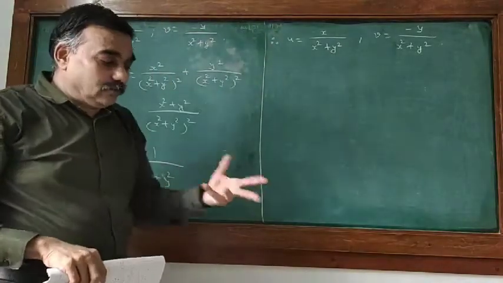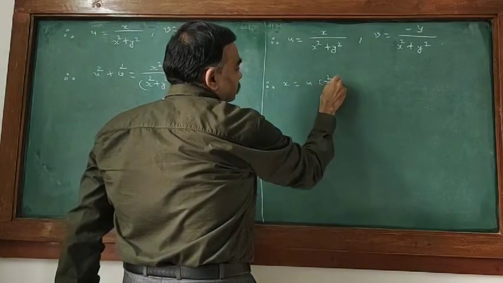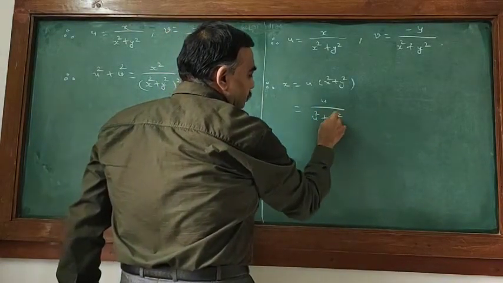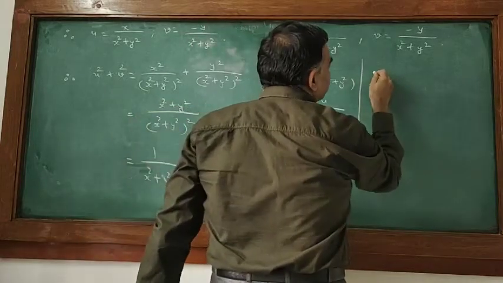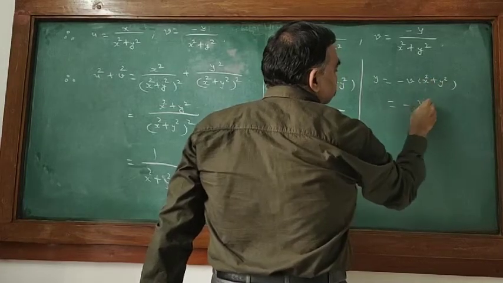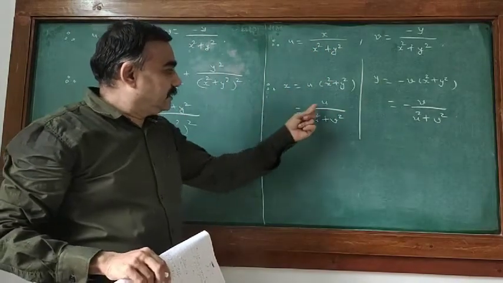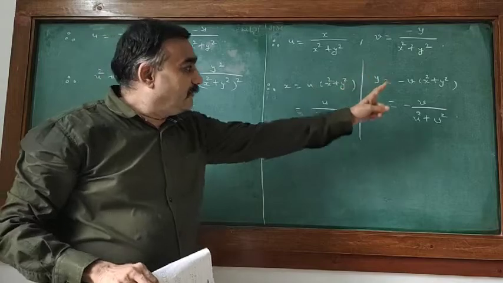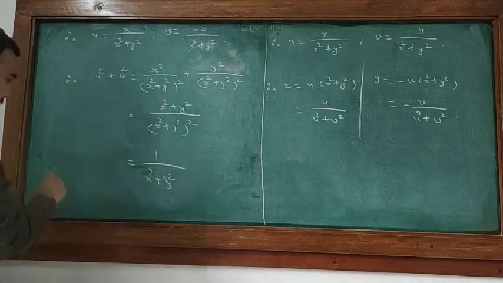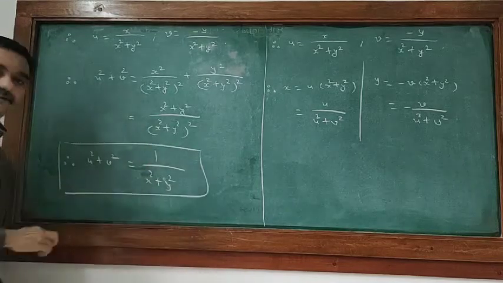Now if you make x and y the subject, what is x? u upon u square plus v square. What is y? Minus v upon u square plus v square. Just by using this fact, u square plus v square is this.